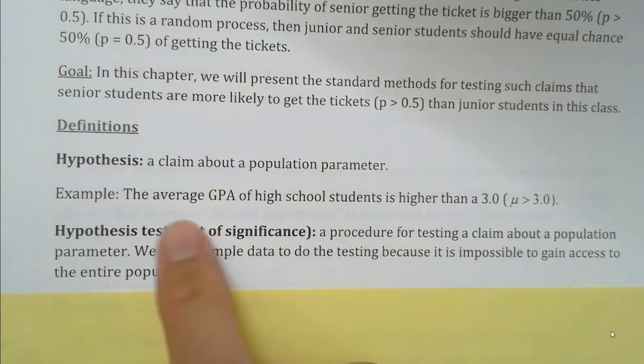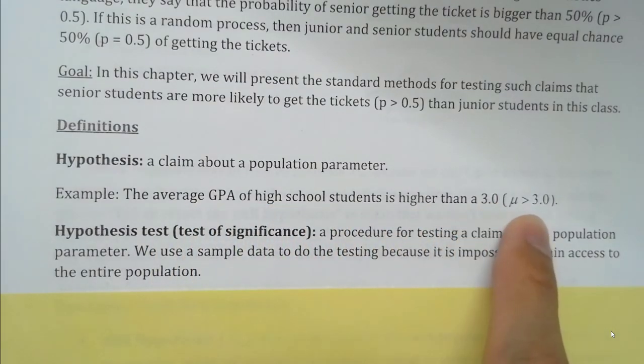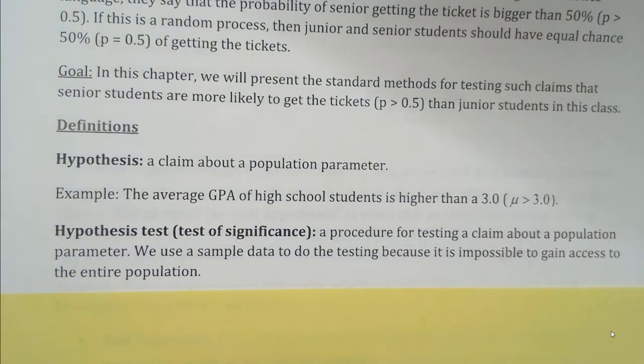So they claim that the average GPA of high school students is higher than 3.0, but there's no way that I can go and collect the GPA of all the high school students in the entire country. However, I can take a sample of some schools, and then I use the sample data to do the testing.